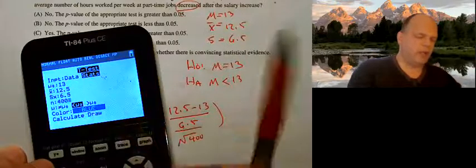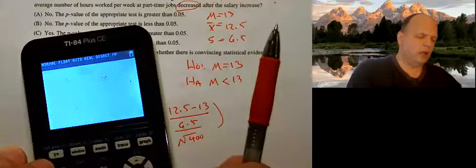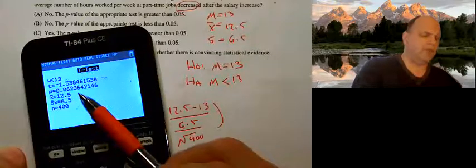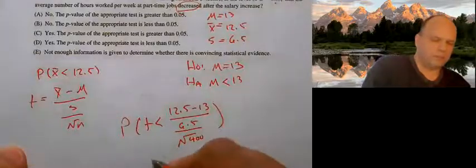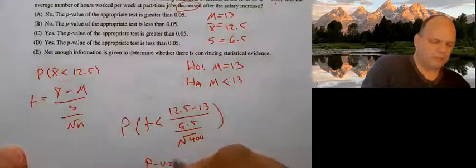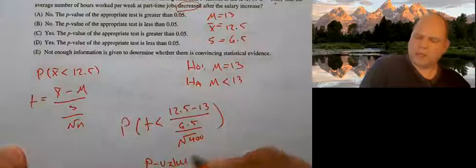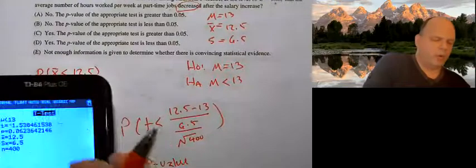And we need to make sure we have less than. And when we calculate, we end up getting a p-value of 0.062.